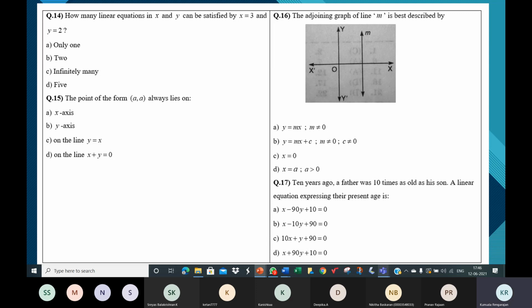Take the son's age as x and father's age as y. Ma'am, son's age to be X and father's age to be Y, ma'am.